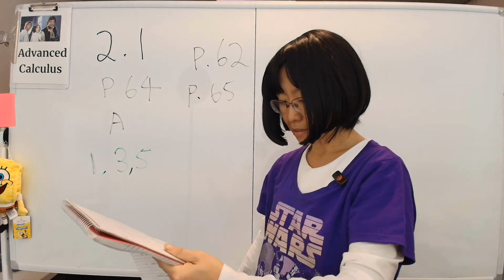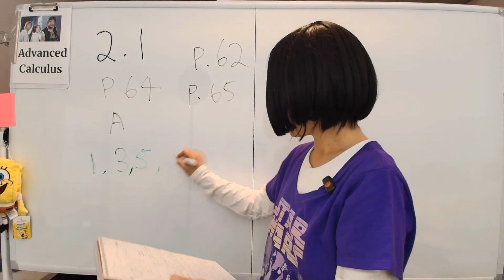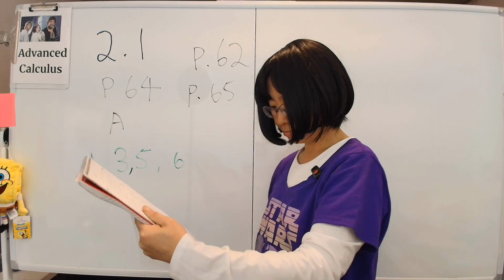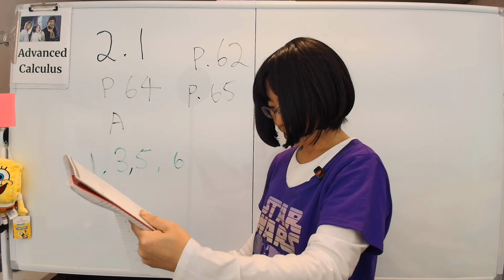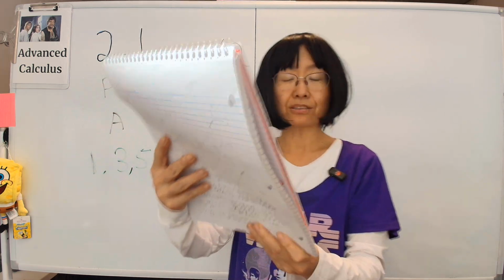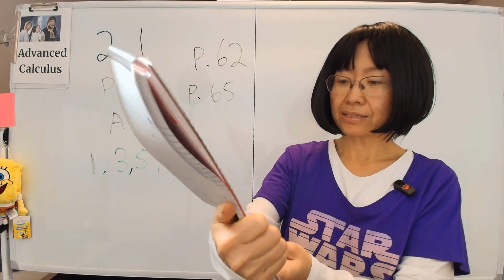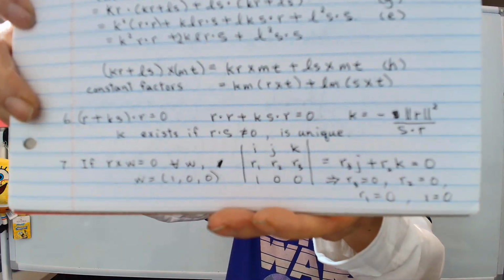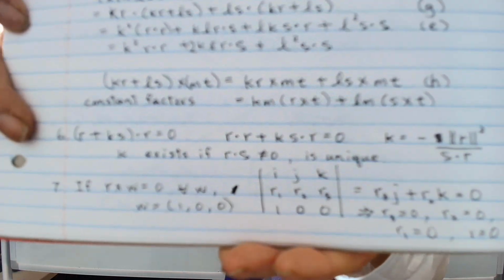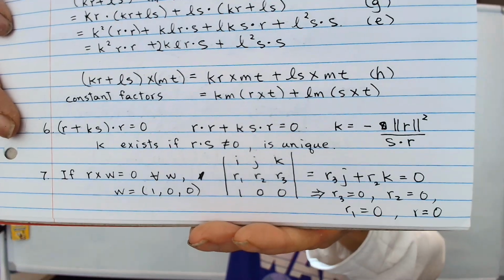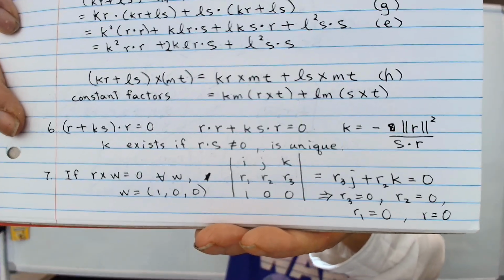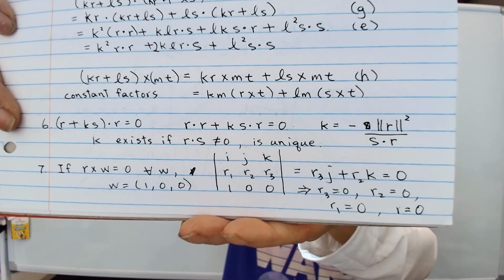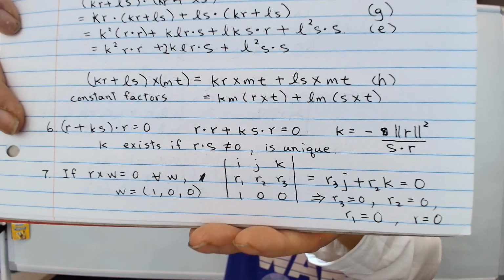And next, let's look at problem 6. We're trying to calculate if K exists and is it unique. To do that, we will use the basic properties of the dot product. We'll dot it out, and then we'll calculate K. Remember, R dot R is the magnitude of R squared.